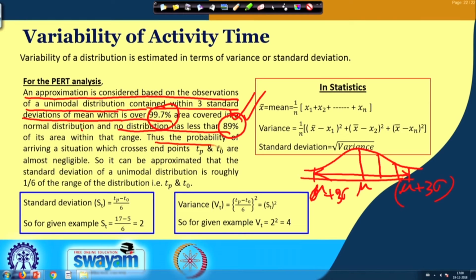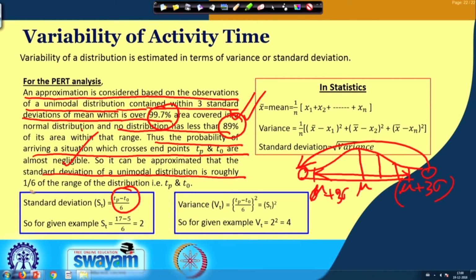Thus, the probability of arriving at a situation which crosses endpoints T p and T 0 is almost negligible. That means the probability of occurring outside these zones is almost negligible, and that is why we are considering the variance using this formula. So, it can be approximated that the standard deviation of a unimodal distribution is roughly 1/6 of its range, and that is why it is considered T p minus T 0 by 6.